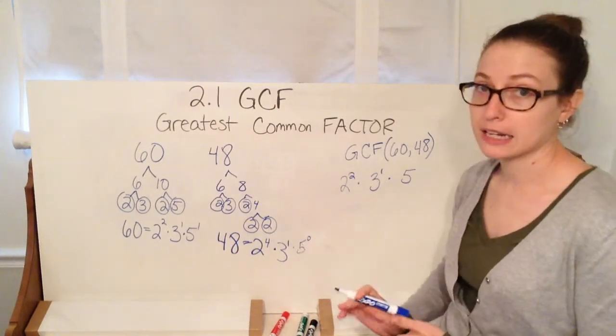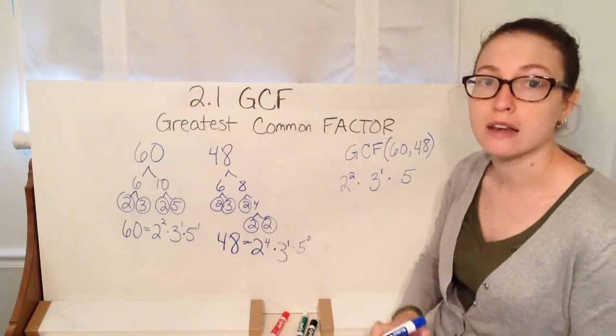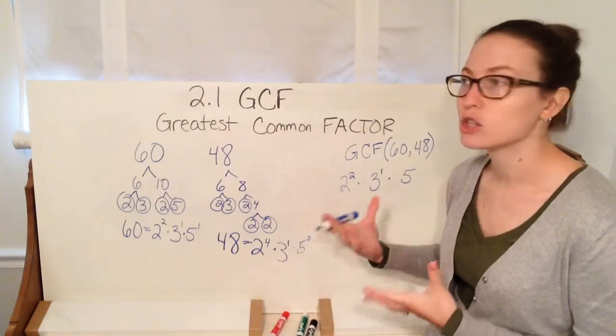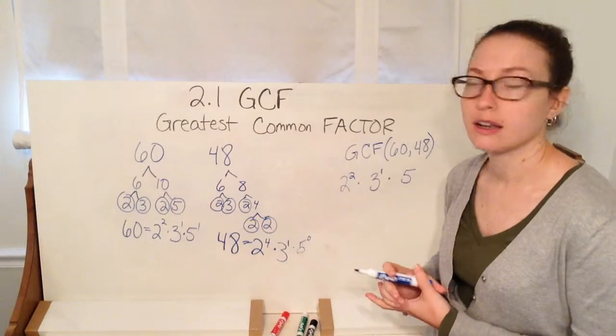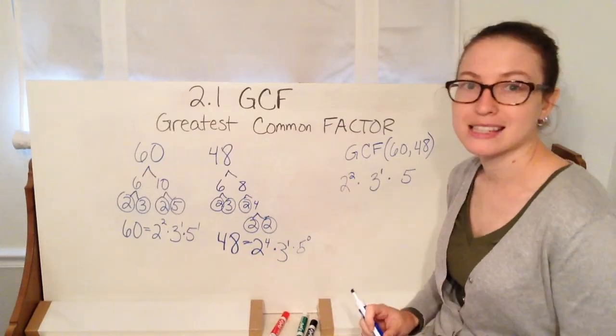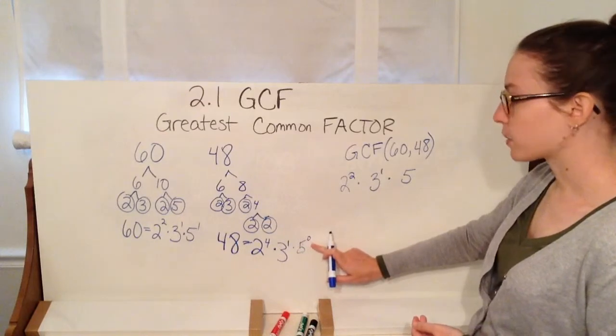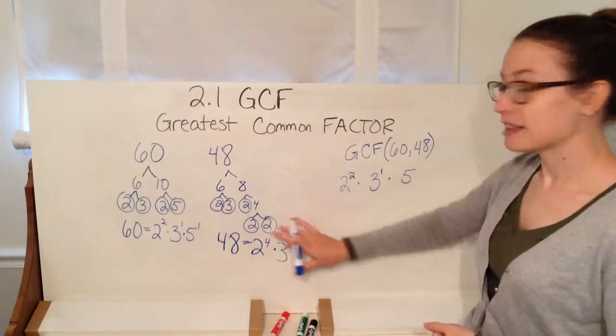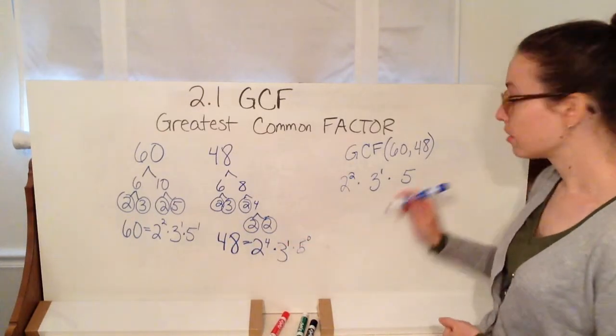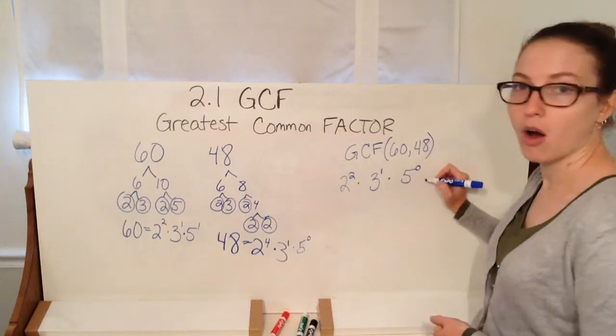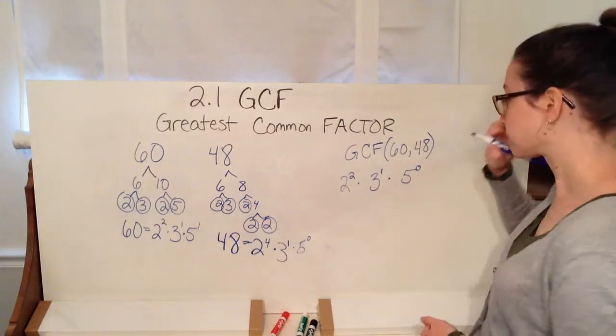Because we know any number to the 0 power is 1. 5 to the 0 is 1. 200 to the 0 is 1. Any number to the 0 power is 1. And so, because the smallest exponent I have is really that there isn't a 5 here at all, I'm going to use a 0 exponent for 5.